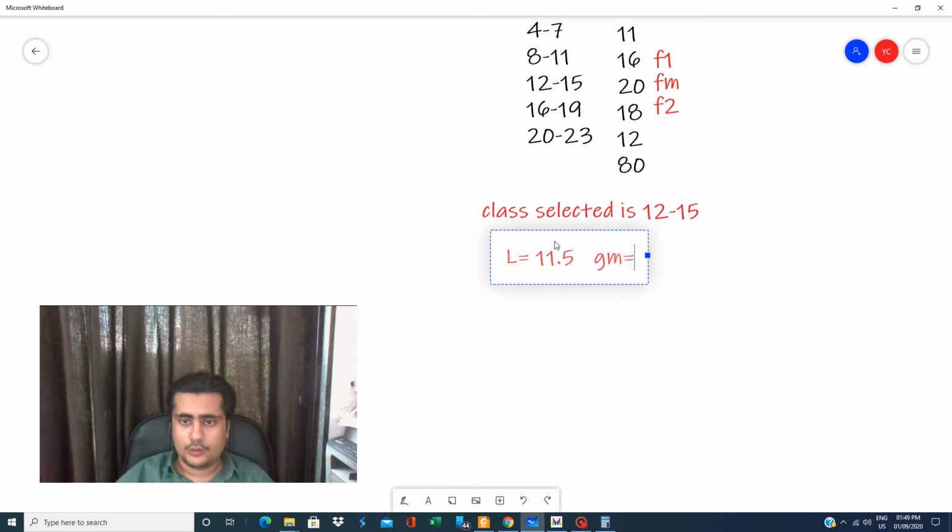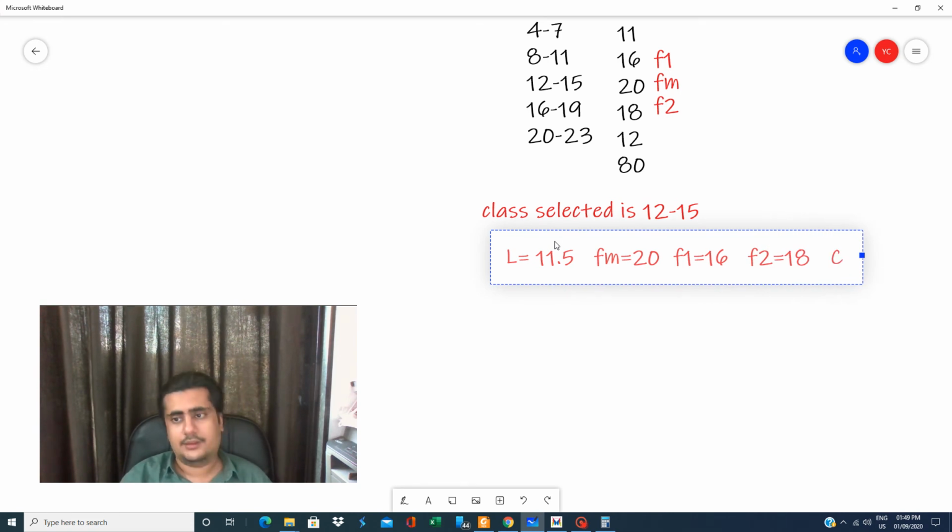Fm is 20, F1 is 16, and F2 is 18. What is class length? Now your class length is, see, it's 12 to 15. You can see 3, but it's not 3. Your class length is 4. So what you need to remember in inclusive class, add just 1 to that particular number. If you see 3, your class length is 4.